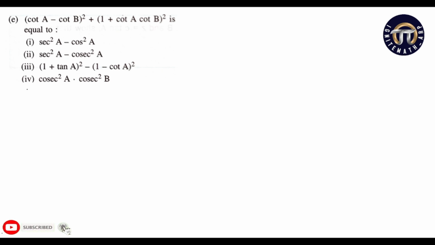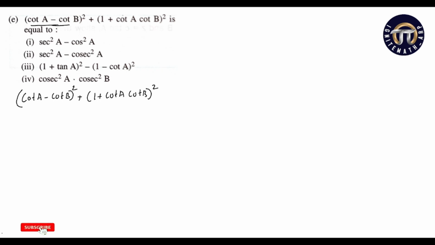Right. So now it is given to you that (cot A minus cot B) the whole square plus (1 plus cot A cot B) the whole square. So now I'll expand this using the (A minus B) the whole square formula.